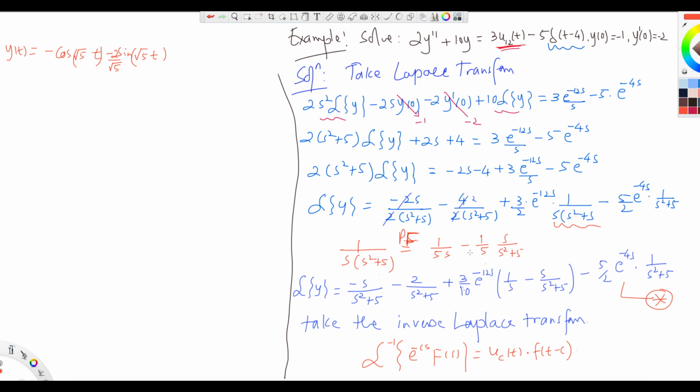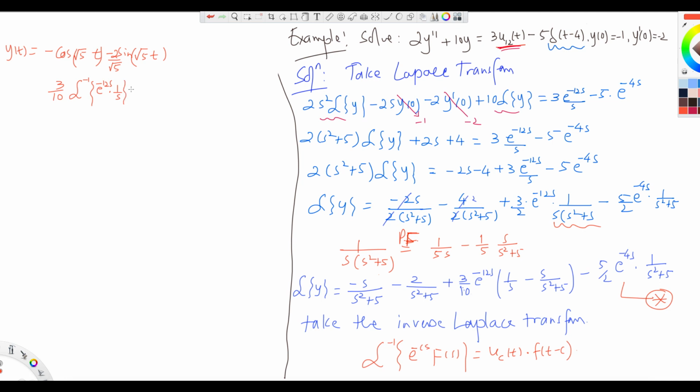Now, how about these two? Let me write down these terms as they are. Okay, so what you get is basically 3 over 10 and then the inverse Laplace transform of e to the negative 12s times 1 over s, right?